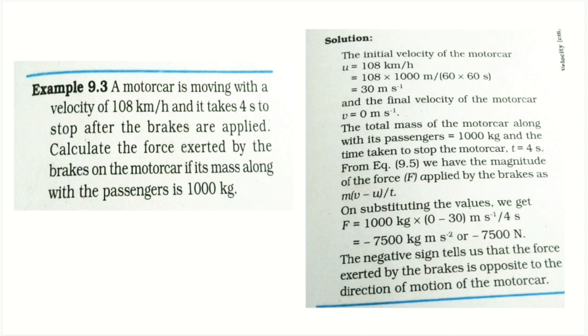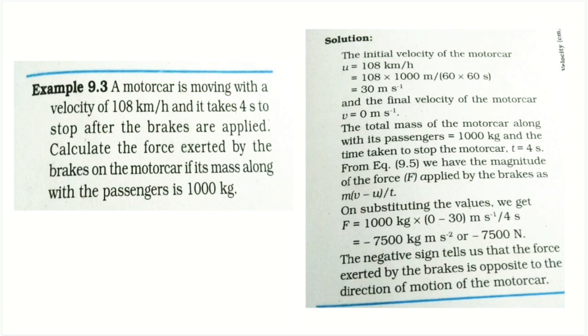The total mass of the motor car along with its passengers is 1000 kgs, and the time taken to stop the motor car is t equal to 4 seconds. To find the force F applied by the brakes, we use the equation F equal to m into (v minus u) by t.